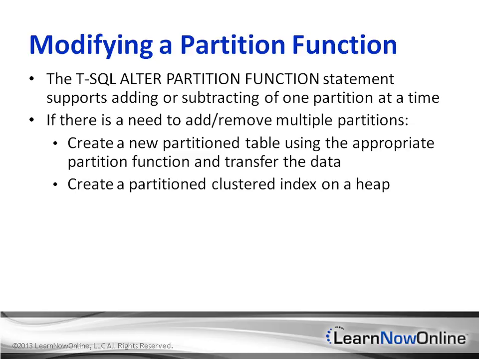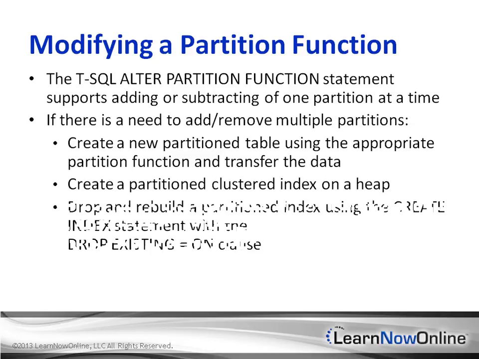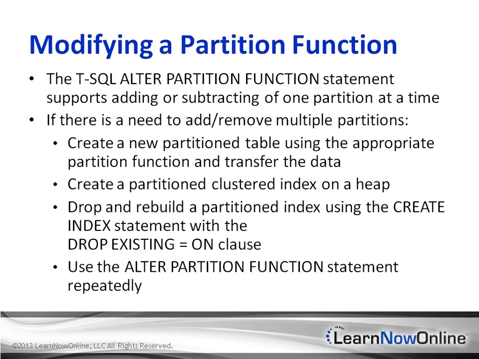You could also create a clustered index on a heap. You could drop and rebuild the partition index using the create index statement with the drop existing equal on clause. Or you could simply use the alter partition function statement repeatedly, one for each modification you need to make.